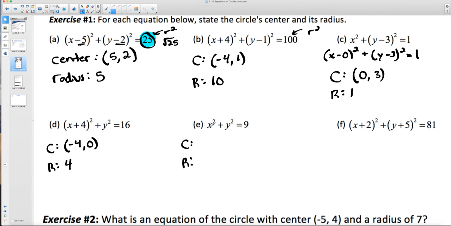Okay, for this one, there's nothing here, so center has to be 0, 0. It's at the origin. And the radius would be 3. And the last one, opposite, so -2, -5 is our center. And the radius is 9.